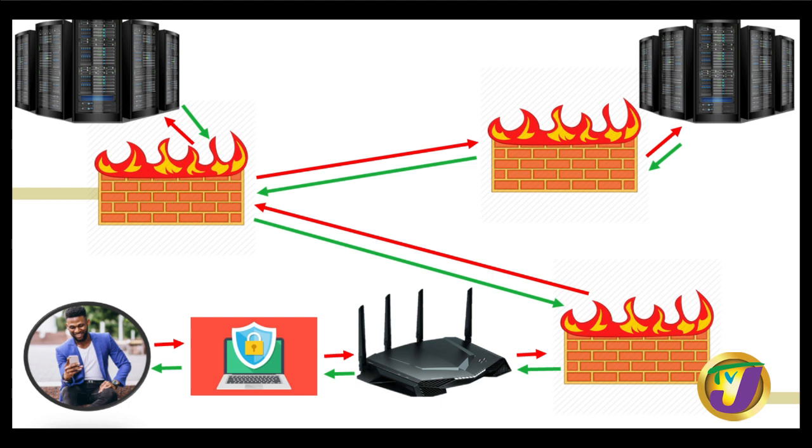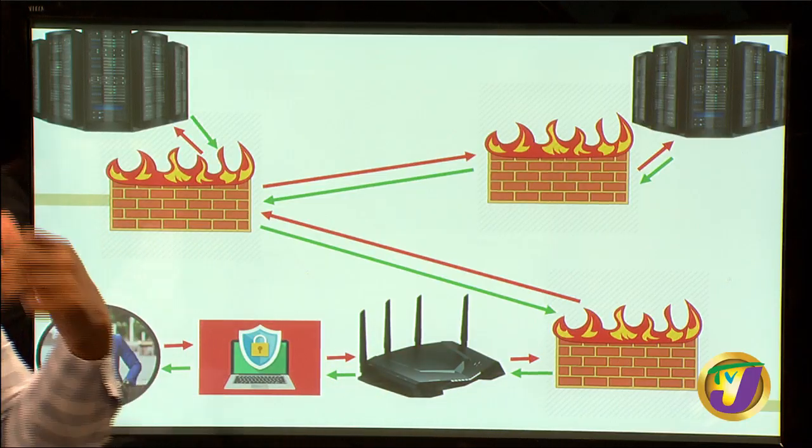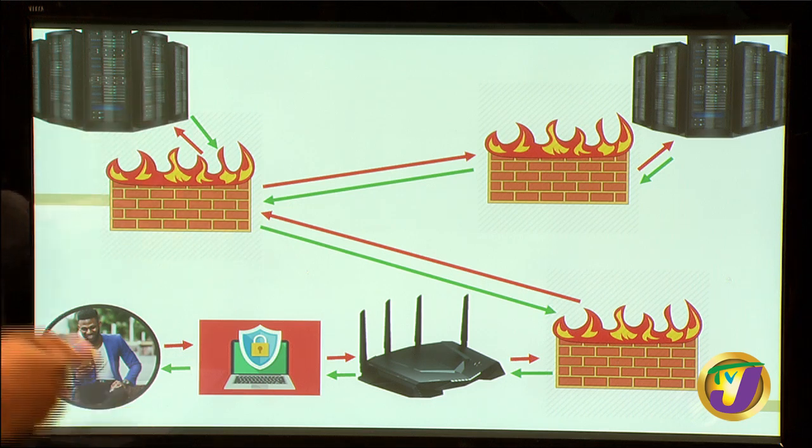Then after that data goes through your firewall and reaches your router, it might meet another, what is called a network-based firewall. Now, a network-based firewall has to be the bridge, so to speak, or the gate through which your information goes to the internet or comes from the internet.